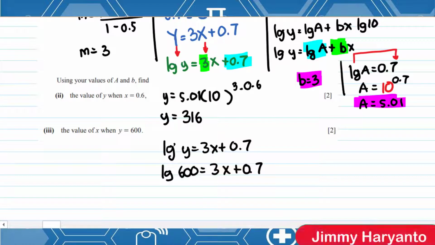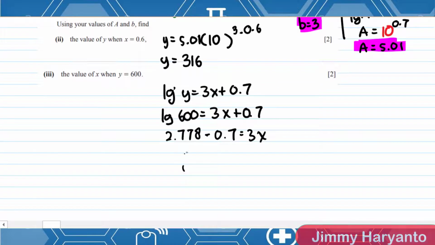LG 600 equals 2.778, so 2.778 minus 0.7 equals 3x. 2.078 equals 3x. Therefore, x will be divided by 3, 0.693 in 3 significant figures. So these are the values of y and x.